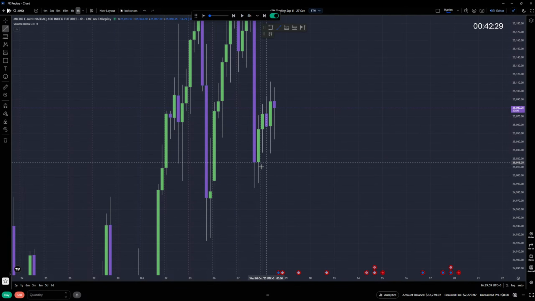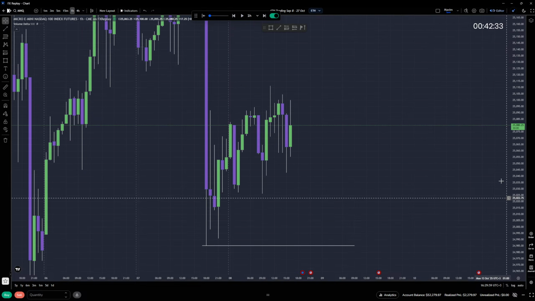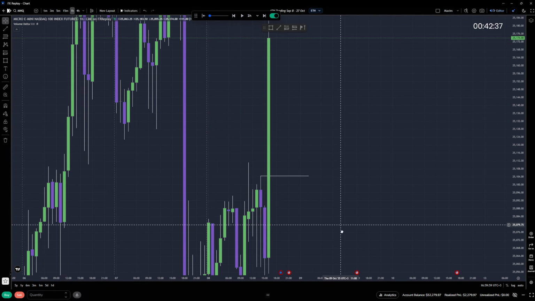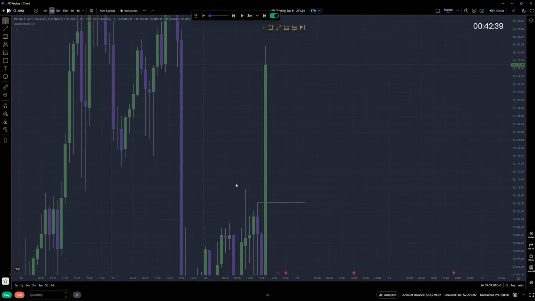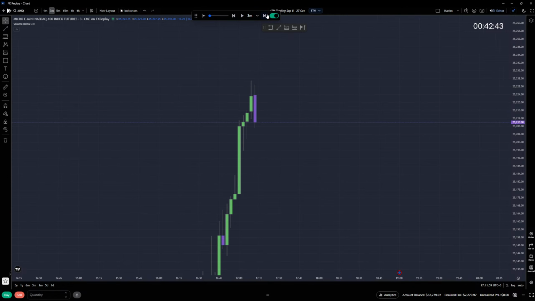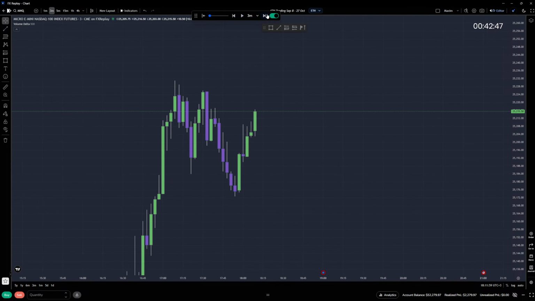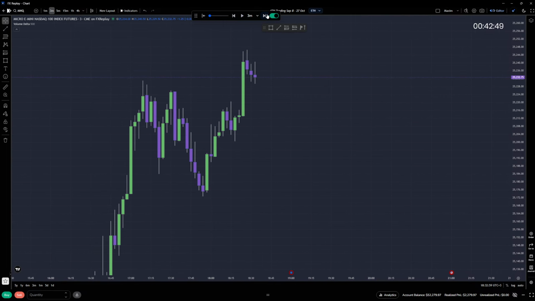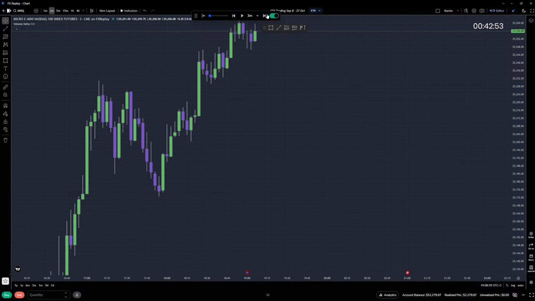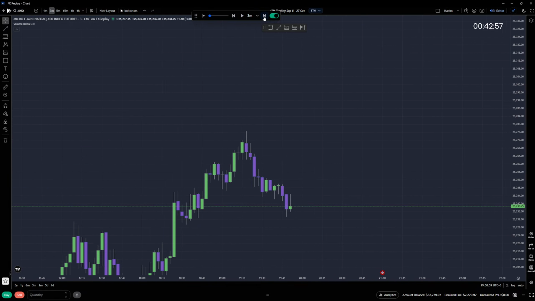Okay, I'm gonna look for lower, and on the hourly, gonna look for higher before going lower. So here I'm gonna look for shorts. Crazy push. Now it's 7 p.m. Wait for 8.